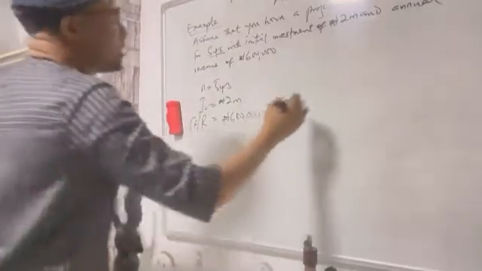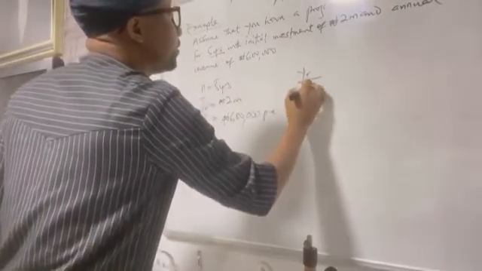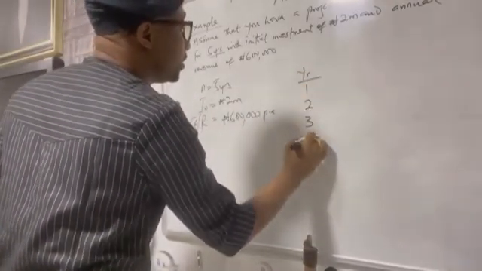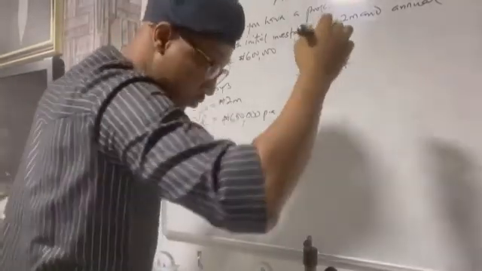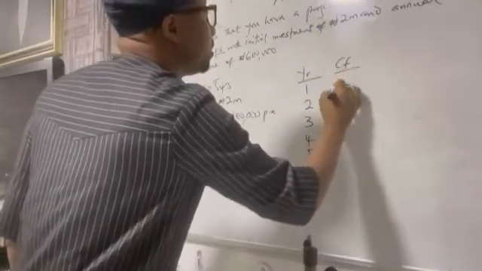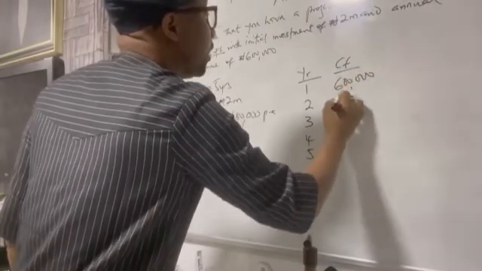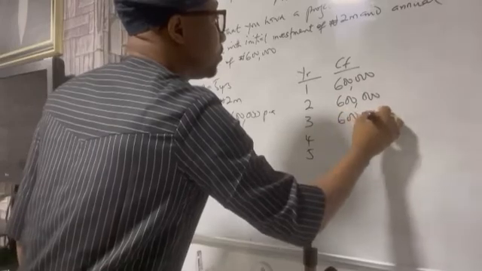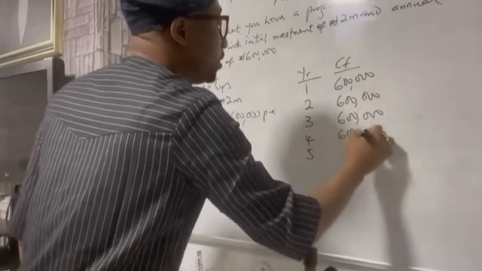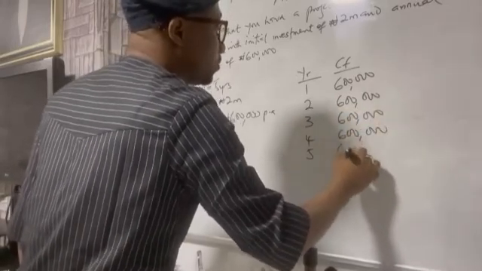This will mean that every year, year 1, year 2, year 3, year 4, year 5, the cash flow or revenue is 600,000.